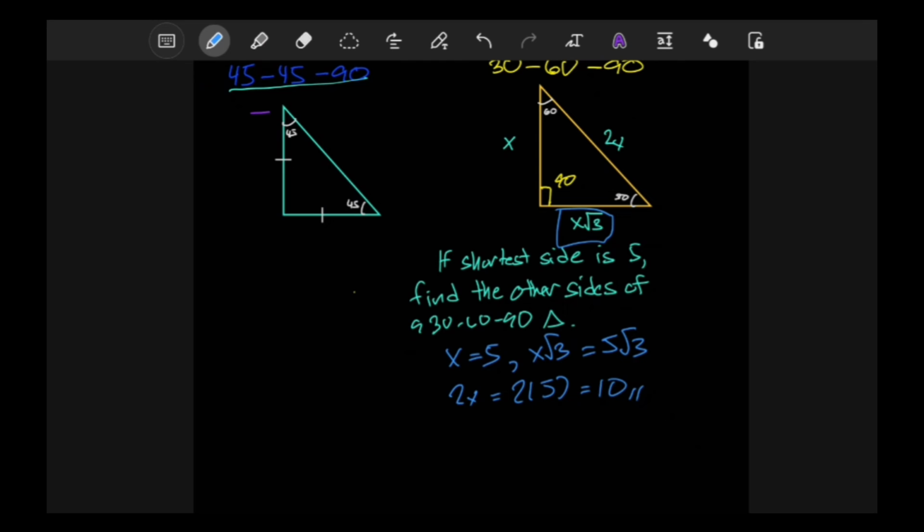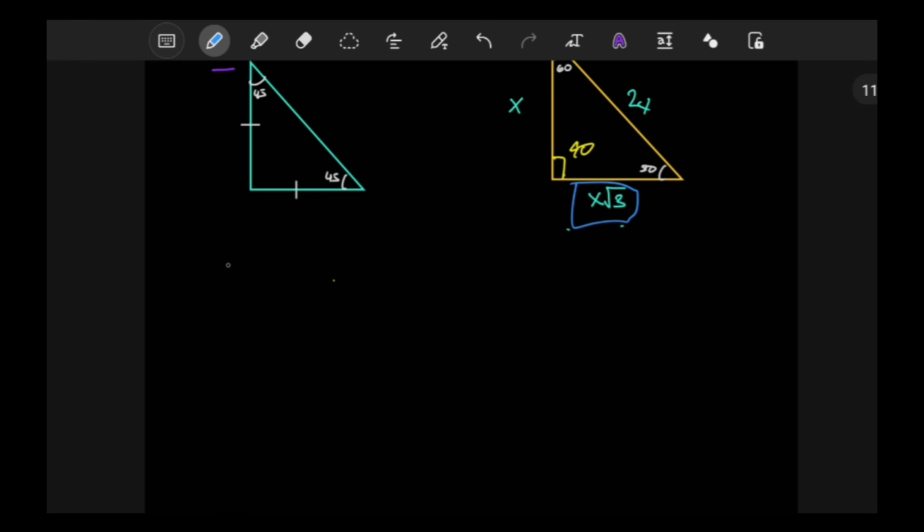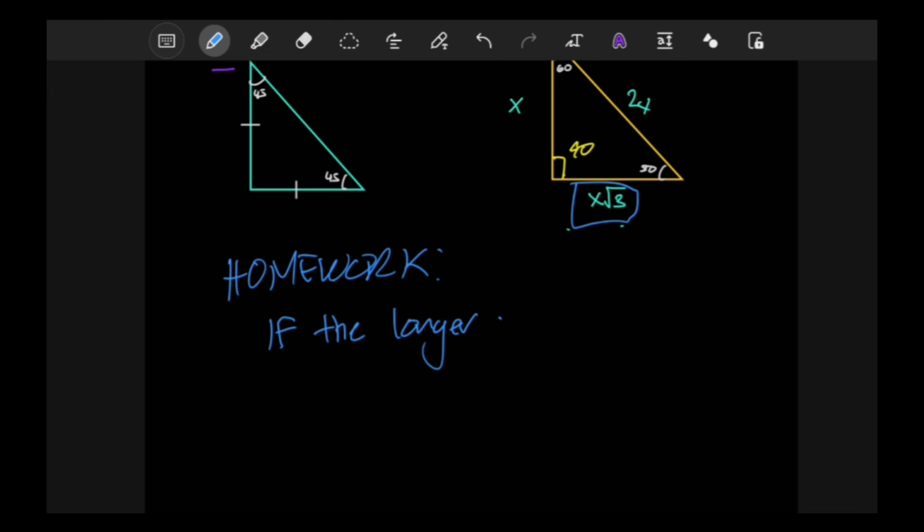This is how to solve it. Okay, another question. This is the final question, but you solve it, I will not show it. So this is what you will do. Let's do homework. Find, if the longer side is 7.